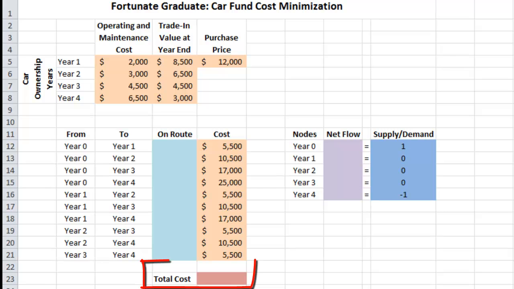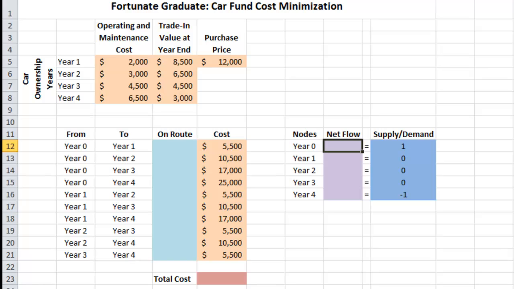And finally, at the bottom, you will see total cost. And once Excel finds our route for us in the en route column, it will multiply over to that corresponding cost, add them together, and then put them down in the total cost box, and that will be the absolute minimum cost Connor can take on as he goes through his 4 years of car ownership and maintenance and potential trade-in cycles.